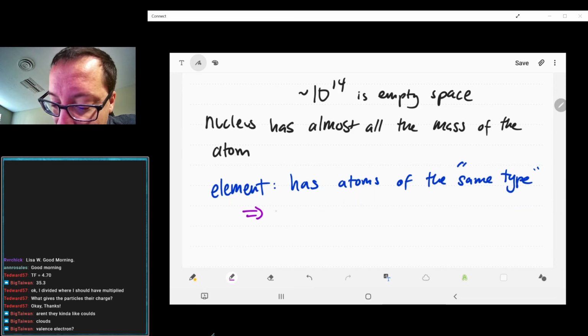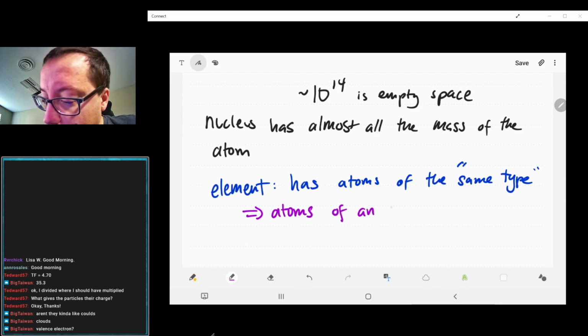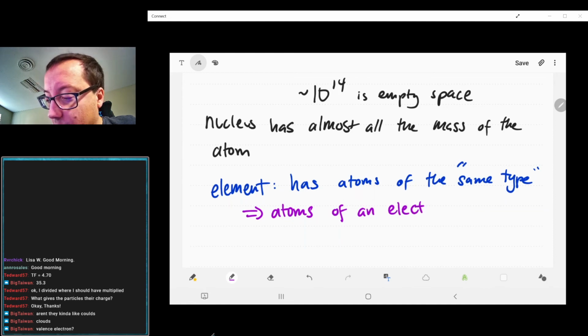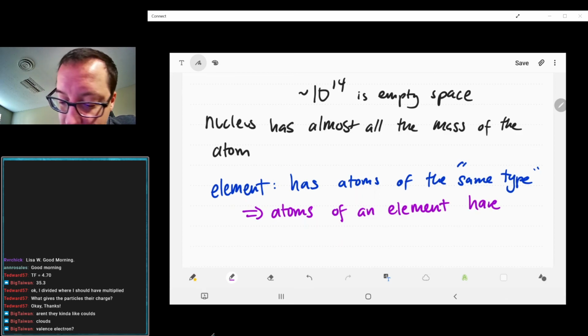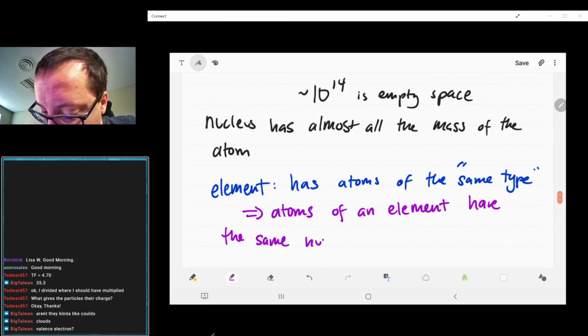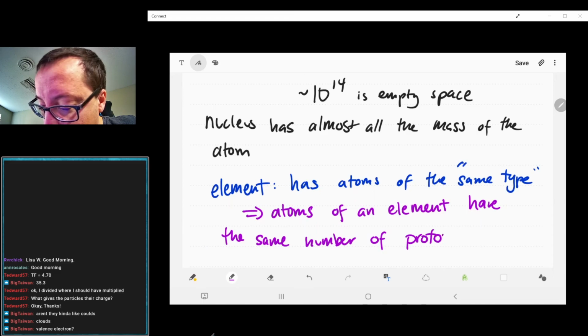Each atom of a particular element has the same number of protons.